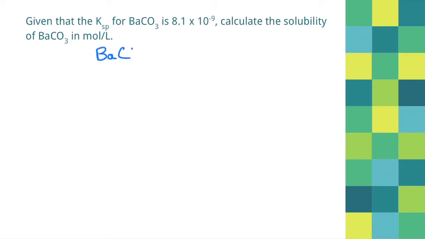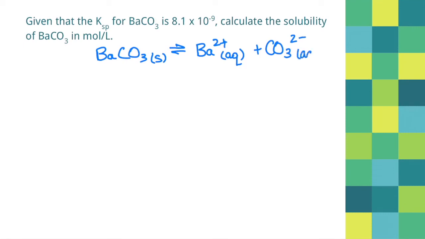So we need to recognize barium carbonate is slightly soluble, so it is going to form an equilibrium with its ions. We've got barium 2 plus ions, and we've got carbonate ions.